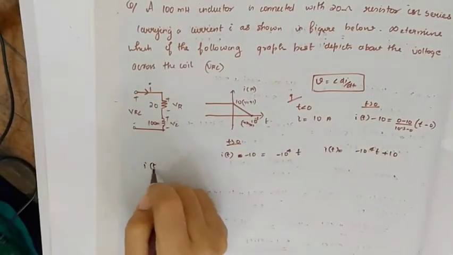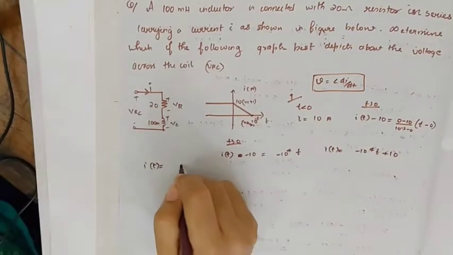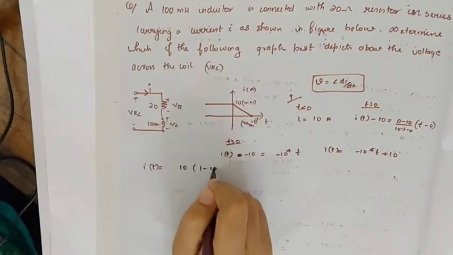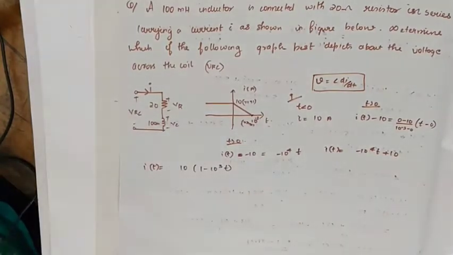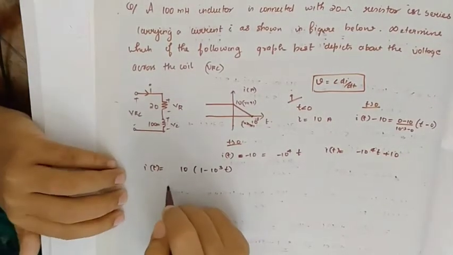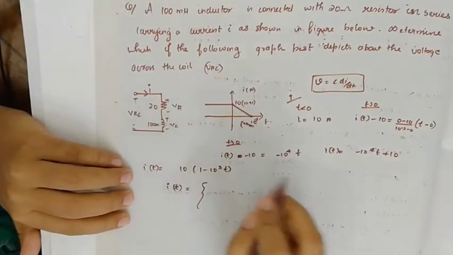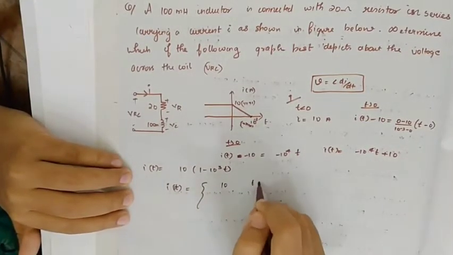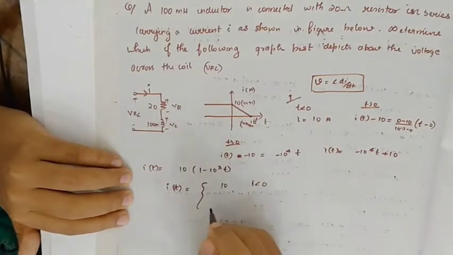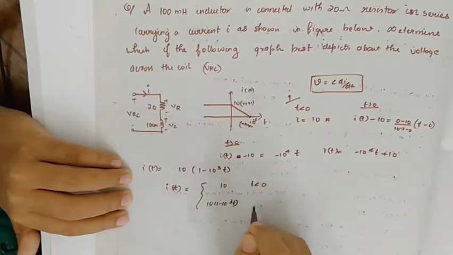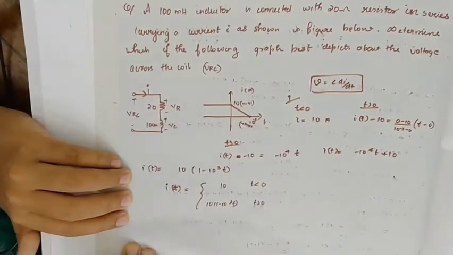If I take 10 outside, I get 1 minus 10 raised to 3 t. So the equation is I of t equal to 10 for t less than 0, and 10 into 1 minus 10 raised to 3t for t greater than 0.